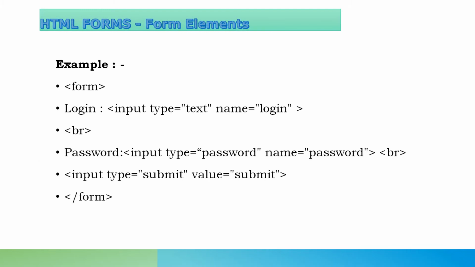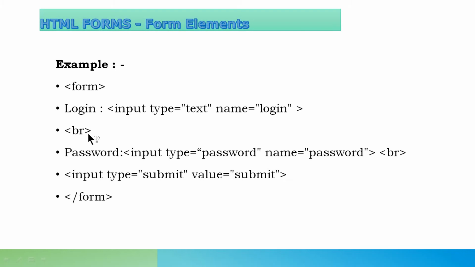Let's see the example for this one. This will begin with the form tag, and later we have a login, and here comes the input tag. The attribute is type, where the value it will take is text, and here we will be taking another attribute, that is name. The name attribute is mainly used to identify the input field, and here we have provided the value login.